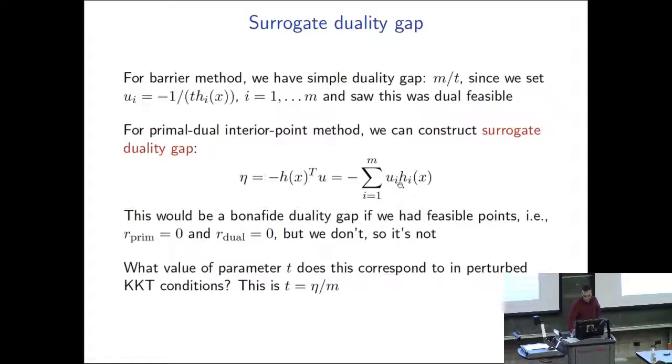If this product is equal to minus 1 over t, then this sum is going to be equal to m over t. And so that's going to tell us that eta is equal to m over t. So in terms of this surrogate duality gap, the relationship to t is eta over m. It's just going to help when we formulate the method.